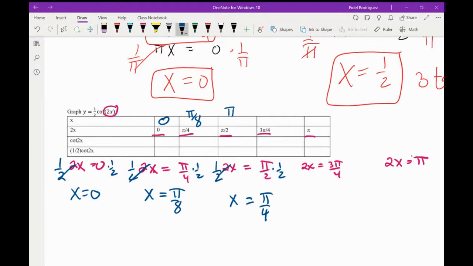So again, 1/2 and 1/2. 3 pi/8. And then one last time, pi/2.